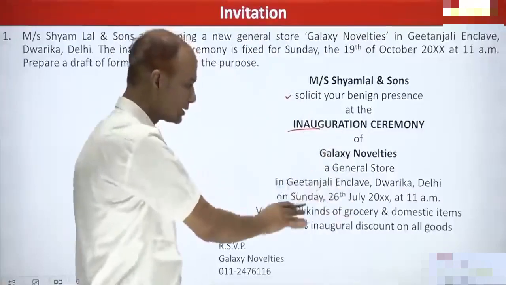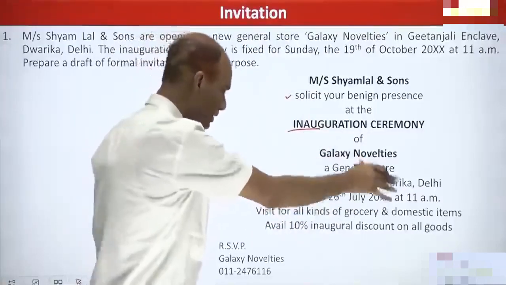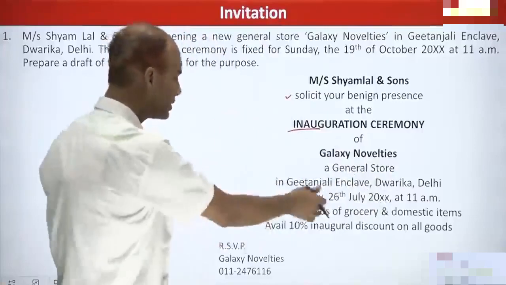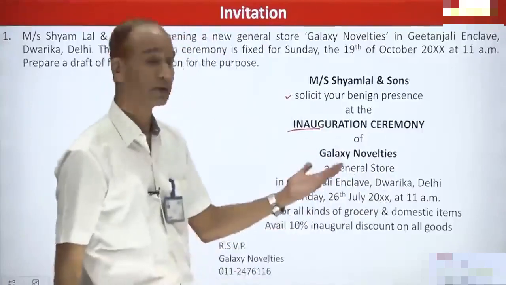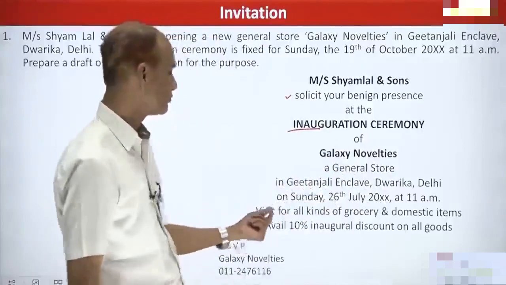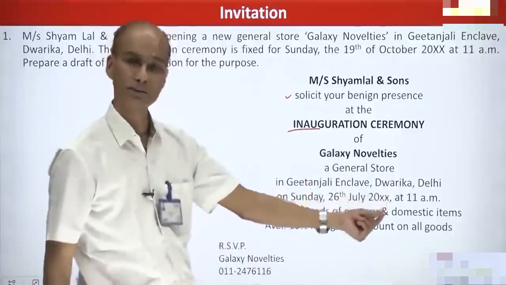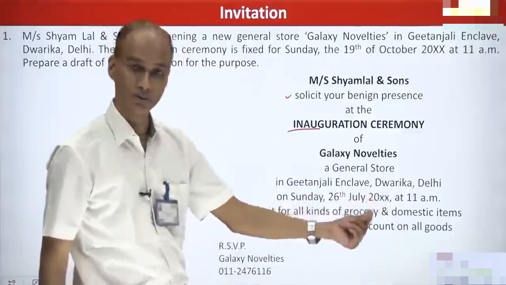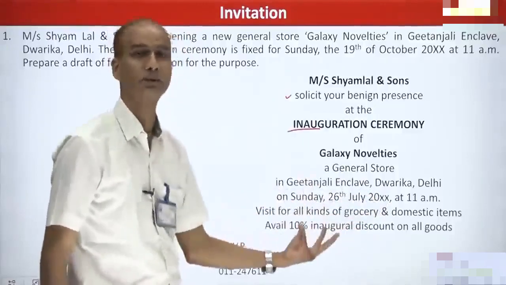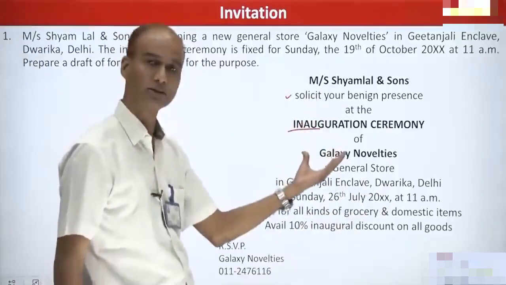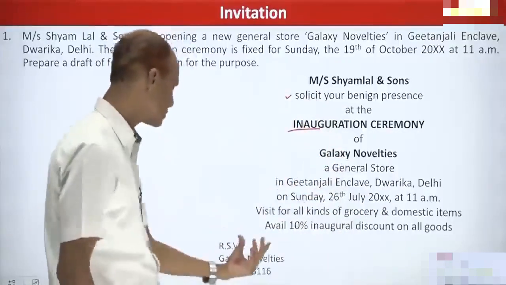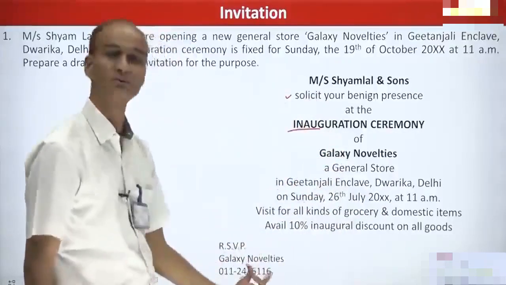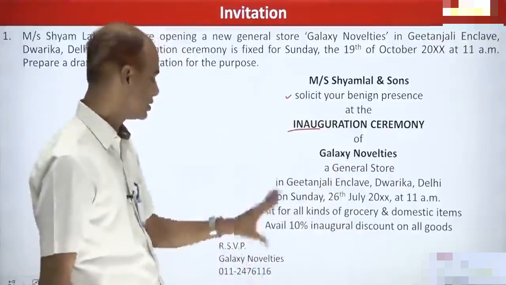So, okay, then day, date, time, all from here. Finally, because it is about the inauguration of a shop, we wrote visit for all kinds of grocery and domestic items. Avail 10% inaugural discount on all goods. So we just invented these two things as it is about an inauguration ceremony. And this side RSVP Galaxy Novelties and just the phone number is given. So this is what we do.